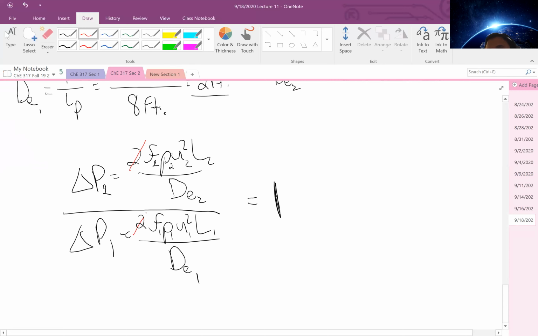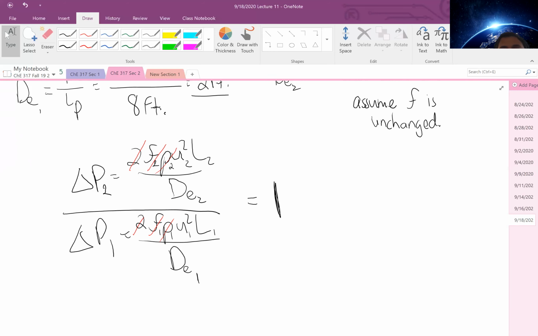Now, I could argue that my friction factor may or may not be unchanged by this increase in flow rate. What I can do for now is assume F is unchanged, and then I can check my assumption after the fact. If I assume F is unchanged, I can assume my density isn't going to change dramatically.